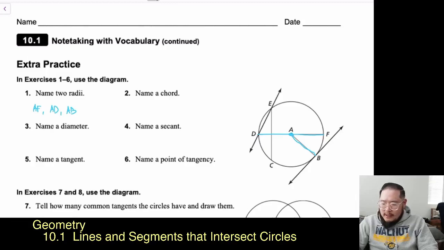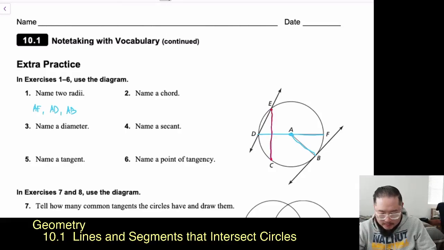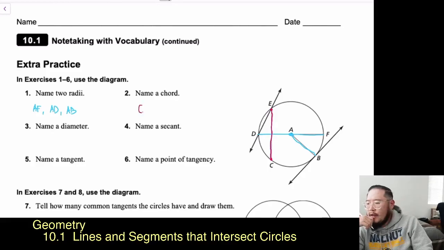Next up, let's name a chord. Remember, a chord is a segment on the circle that has 2 endpoints. We can go ahead and put CE as one chord. Do we actually have another one?